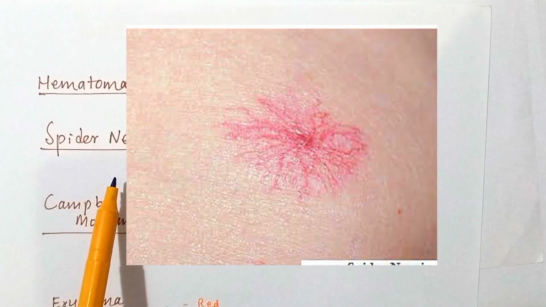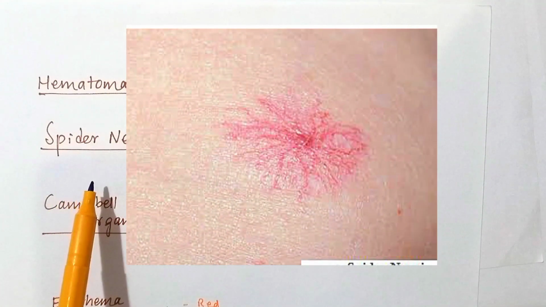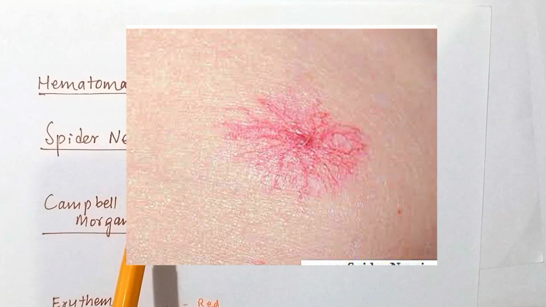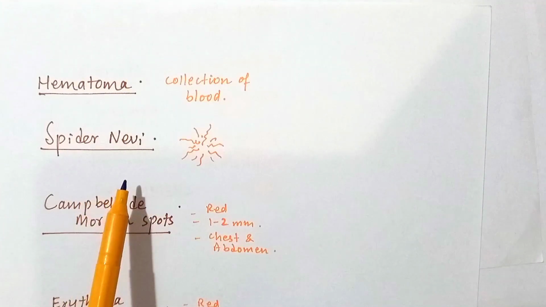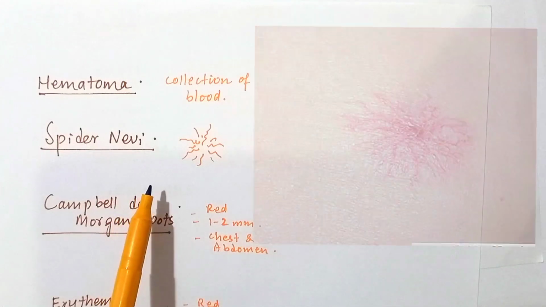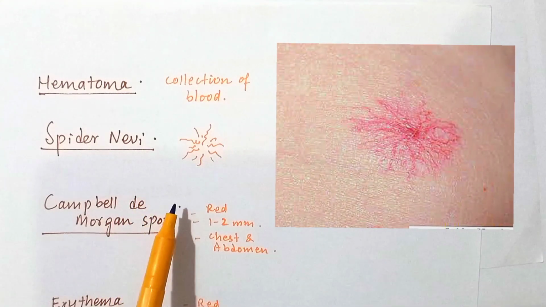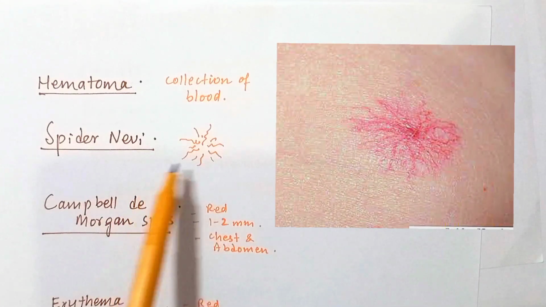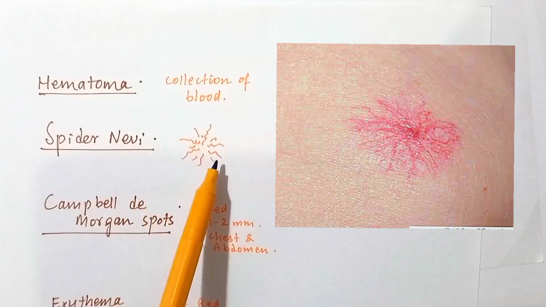Spider nevi. Spider nevi are skin lesions that consist of a central arteriole from which several branches radiate in all directions.